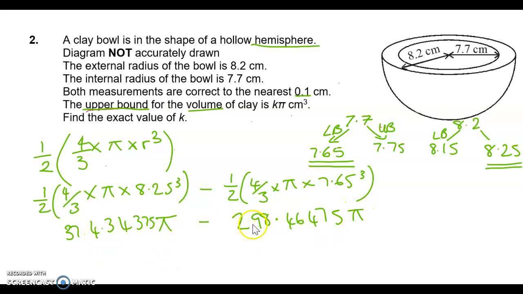Then all I do is take the two numbers away, and this leaves you with 75.879 pi. So the k value is 75.879.